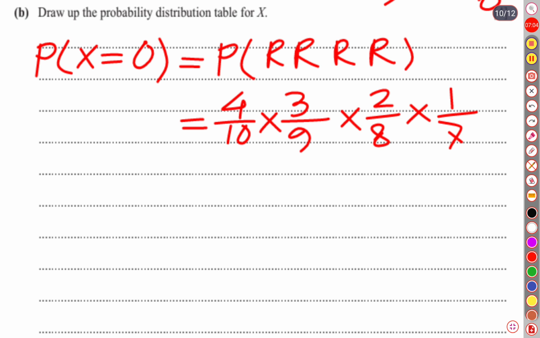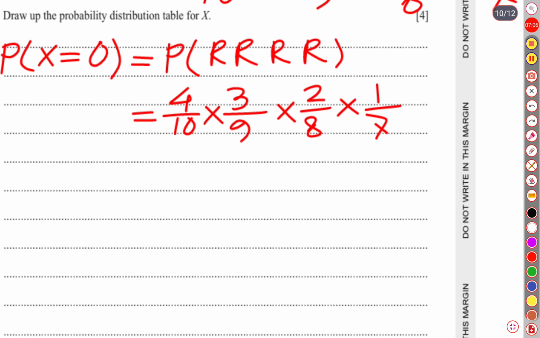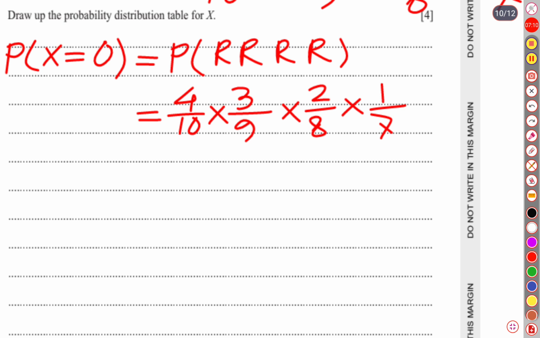So finally our probability, when there is no blue marble, is 24 over 5040, which means 1 over 210. This is one of the cases. Then when only one blue marble is picked out of 4, X is equal to 1. What are the possible cases? It may be that the first one is blue.